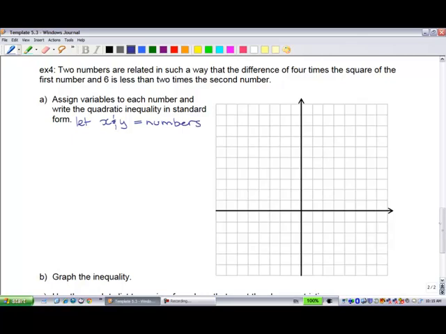So let's just go through this. Two numbers are related in such a way that the difference, okay, so we're talking about some sort of difference. Difference means subtraction. The difference of 4 times, so it's 4 times some number, maybe you use a little dot there to show that it's times.